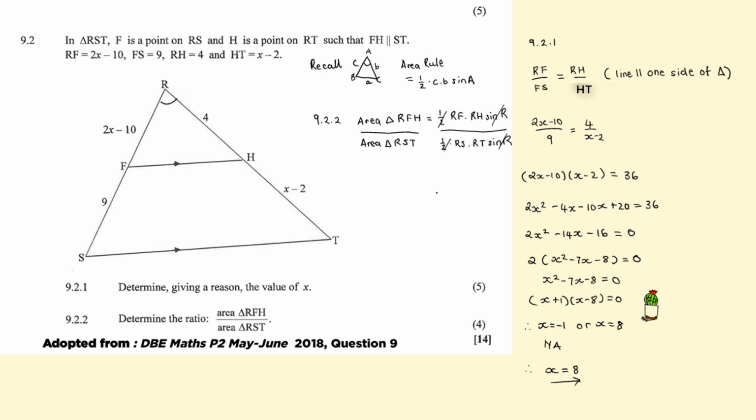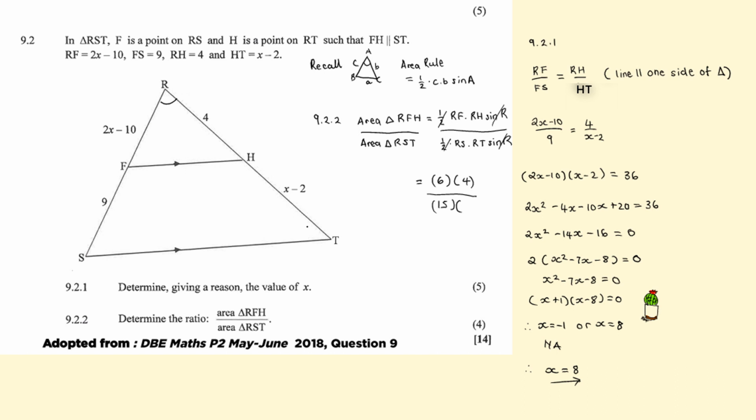Okay, so now we're left with RF. Okay, so RF over there is this. If you substitute 8 over there, remember we solved that x is equal to 8. You'll have 8 times 2, which is 16, minus 10 will give you 6, right? On the other side, our RH is equal to 4 divided by RS, which is this full length. Okay, so remember we have a 6 over there, so 6 plus 9 is 15.